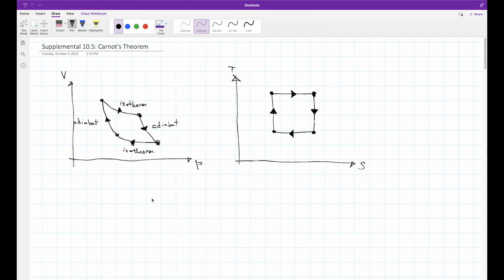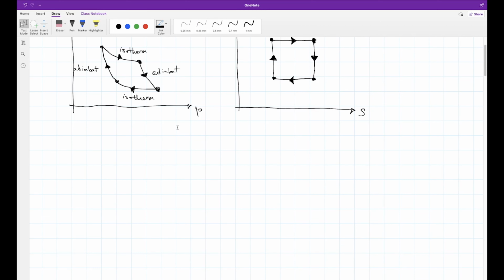Okay, let's discuss something I referred to in the last video but never worked out, which is how we use two forms to calculate the heat. So we know that if this is the cycle C, Q is equal to the integral along C of T ds.